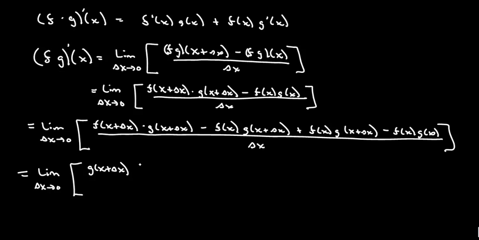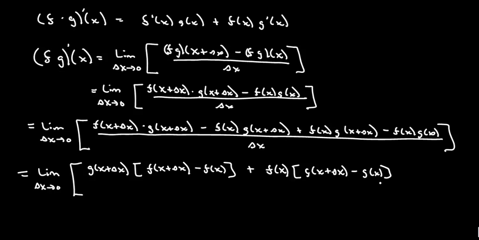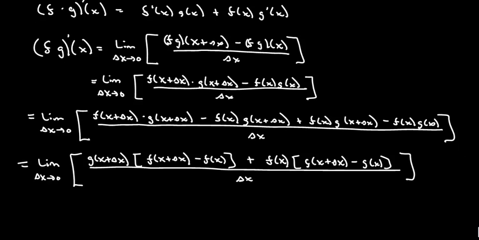So I'm going to pull this out, and I'm going to end up with that. And then on the second part, I'm going to factor out f of x, and what's left is g of x plus delta x minus g of x. And this whole thing is still over delta x.